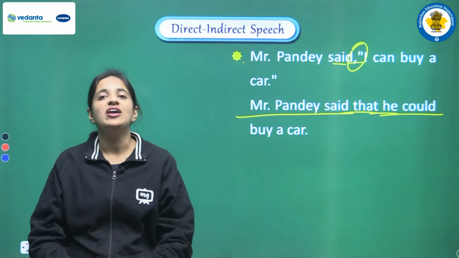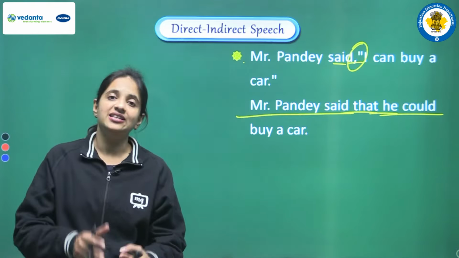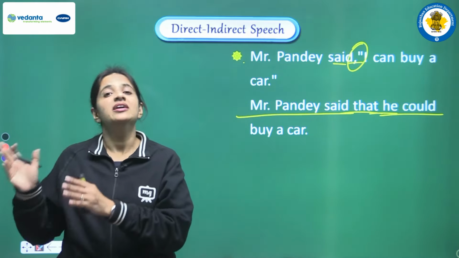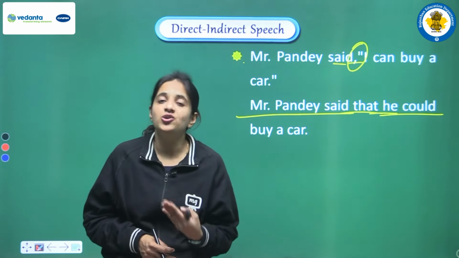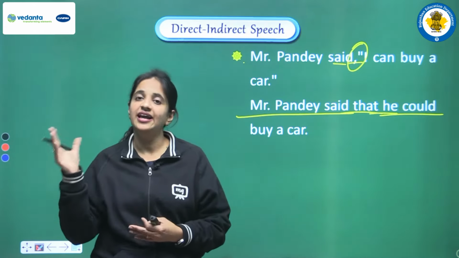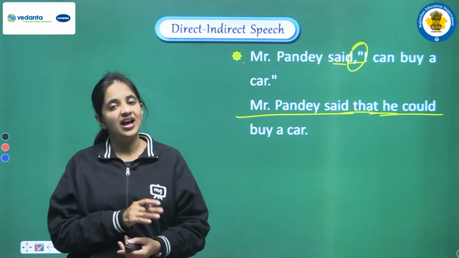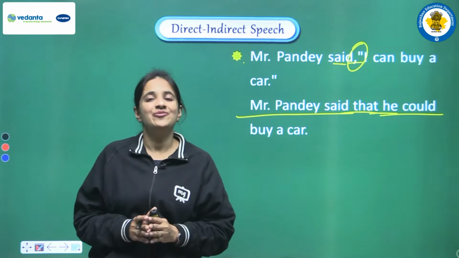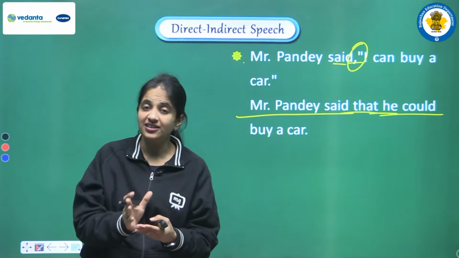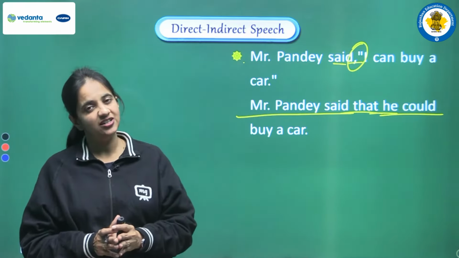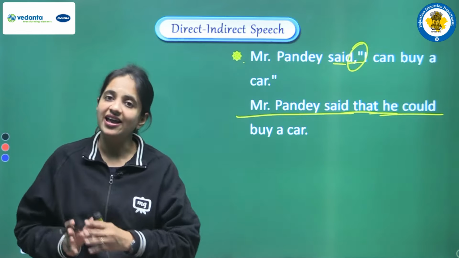So when we are having an assertive sentence, the first change that we are doing is in the reporting verb. There we have to change said to into told. If we are having only say, then change it into tell. If we are having says, then we have to change it into tells. But that is when we are having one object there. If there is no object, then we don't do any changes. We just write the same word that we are having.